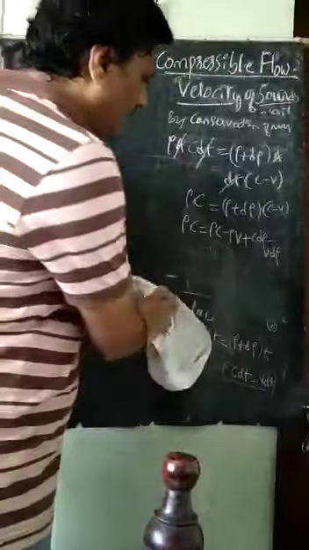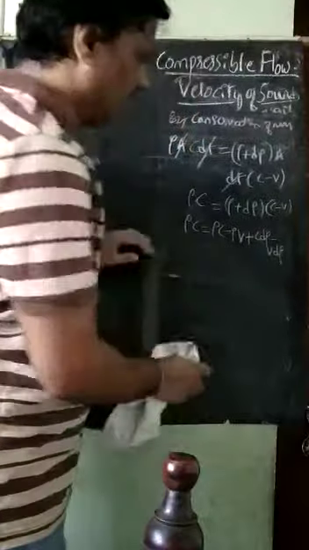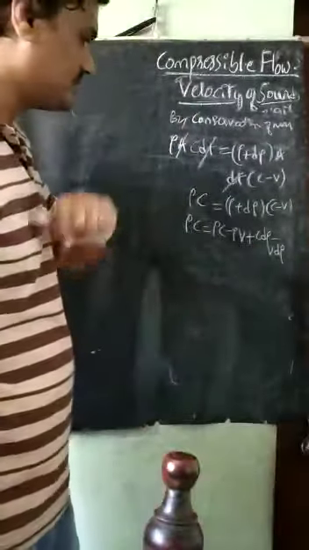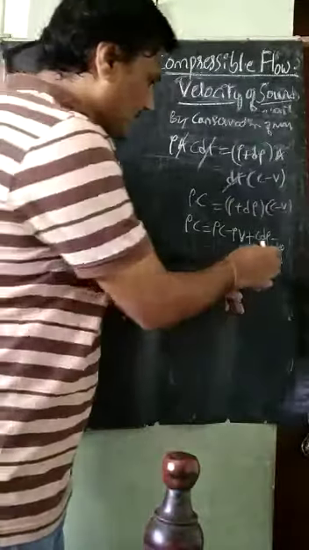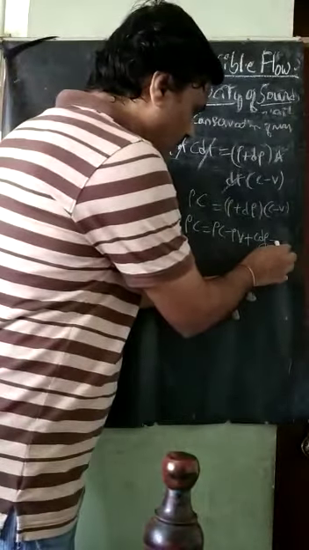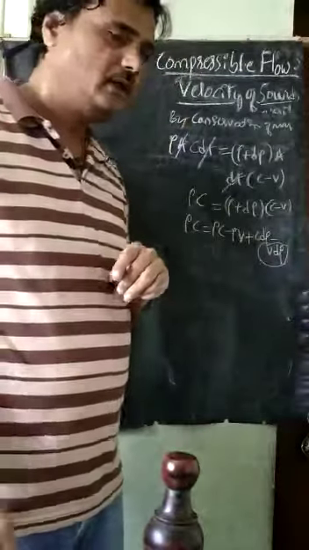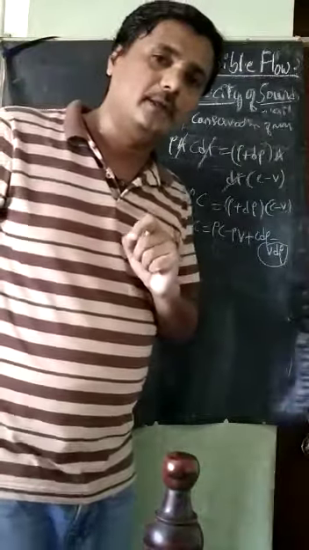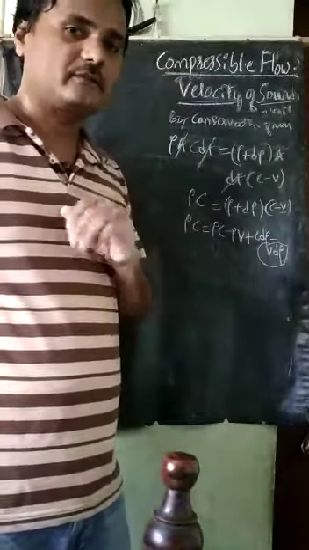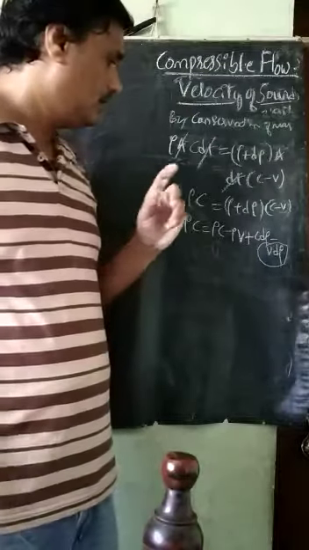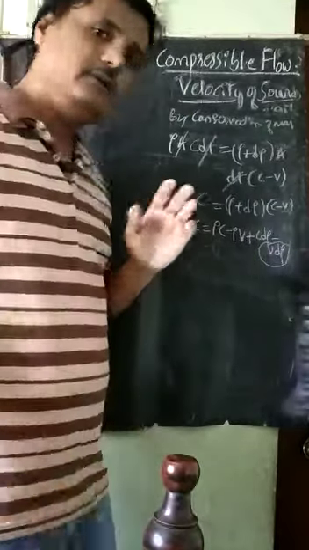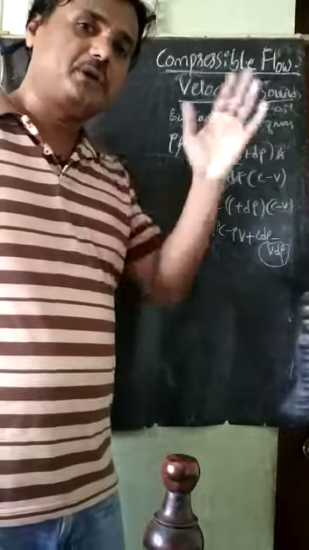Now we need to take one consideration here. What is the consideration? We will see this term, v into d rho. V is the velocity of the piston, and c is the velocity of the pressure wave.